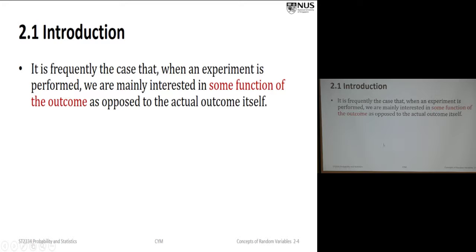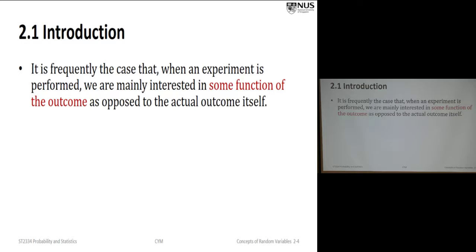All right, but I may be interested, instead of the outcome of whether 2 heads, 1 head, 1 tail, in how many heads there are if you toss 2 coins. So in other words, I toss only 2 coins.